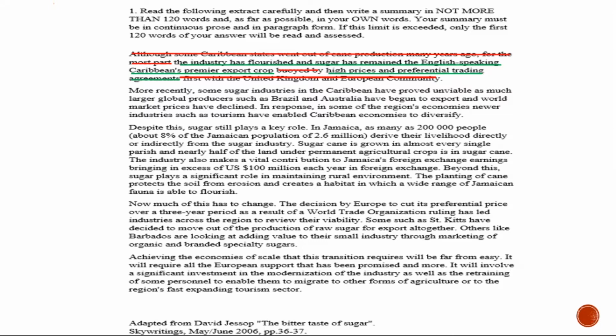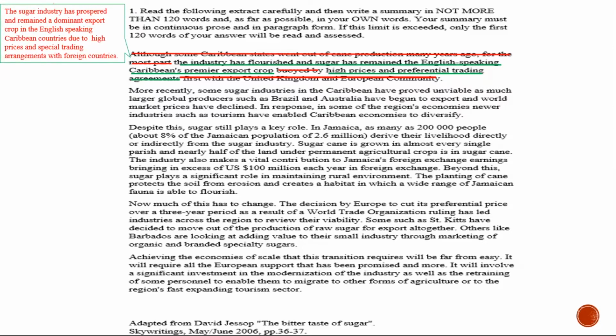Now let us look at a paraphrased version of paragraph 1. The paraphrased version reads, the sugar industry has prospered and remained a dominant export crop in the English-speaking Caribbean, this due to high prices and special trading agreements or arrangements from foreign countries.